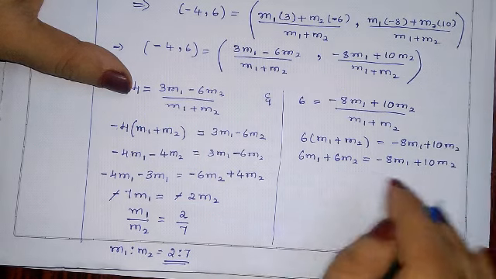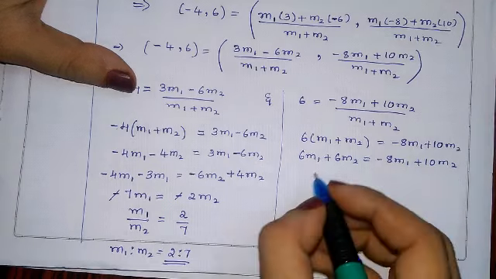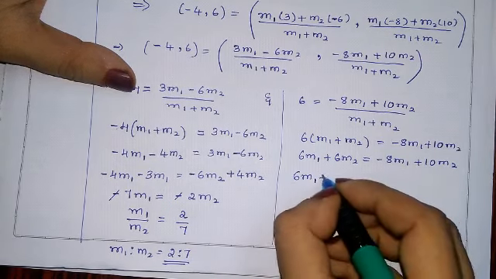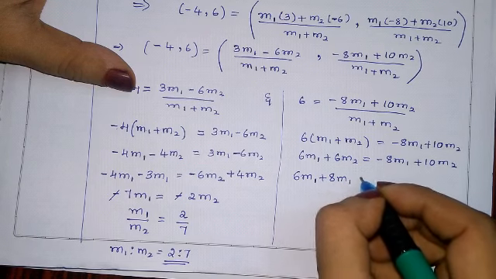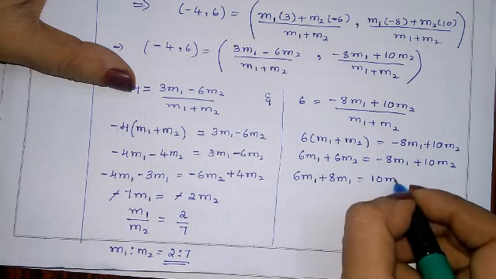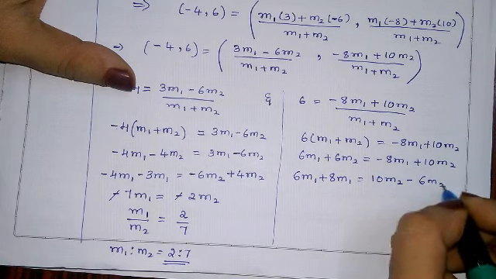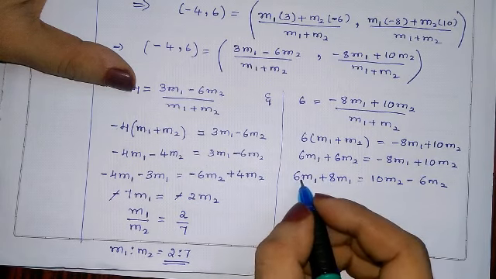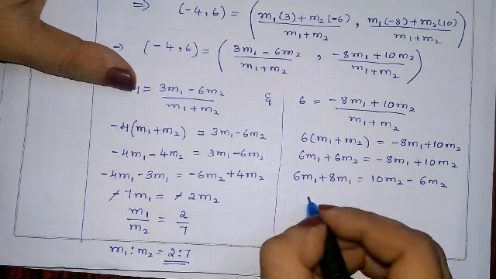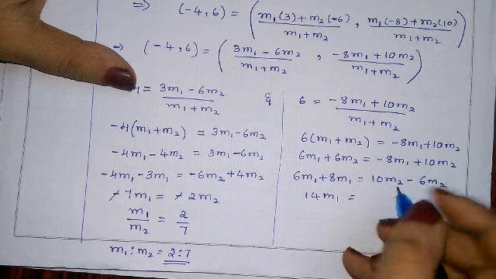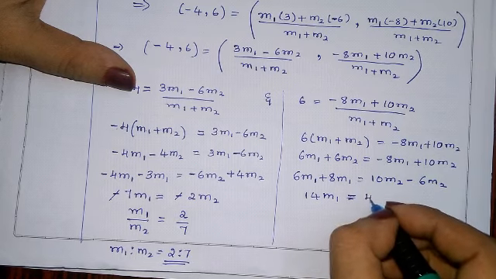Now m1 one side and m2 one side. 6 m1 here only plus 8 m1 is equal to 10 m2 here only minus 6 m2. Okay, 8 plus 6 how much? 14. 14 m1 is equal to 10 minus 6, 4 m2.